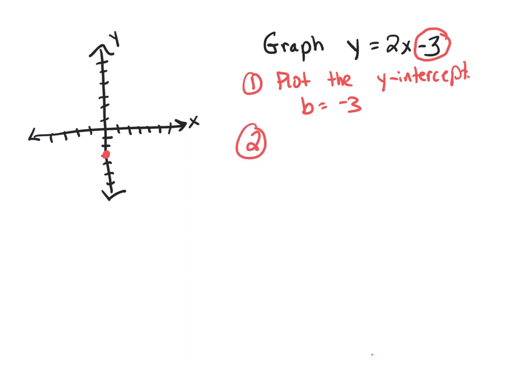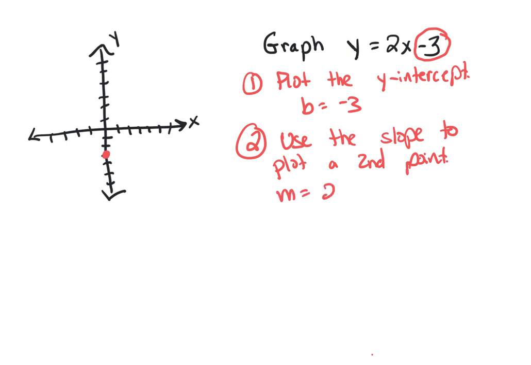Step 2, we're going to use our slope to plot a second point. Now, we know our slope is 2. That means our rise is 2 and our run is 1, because 2 is the same thing as saying 2 over 1.